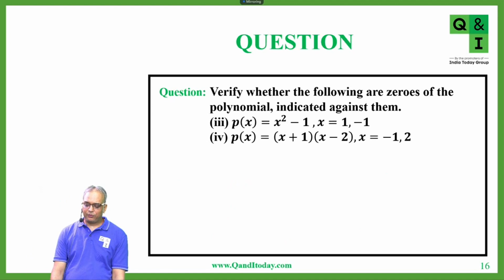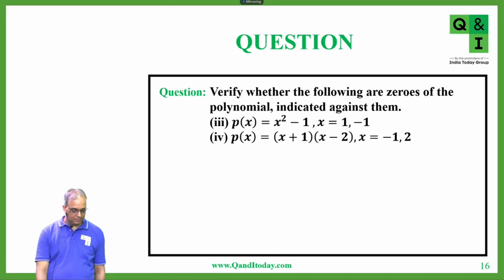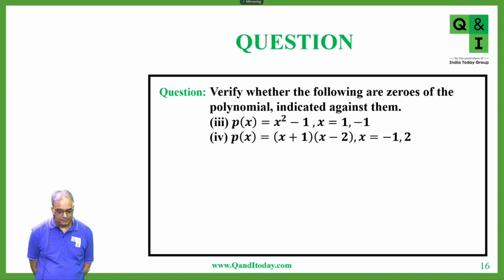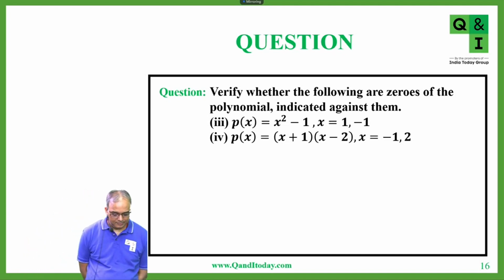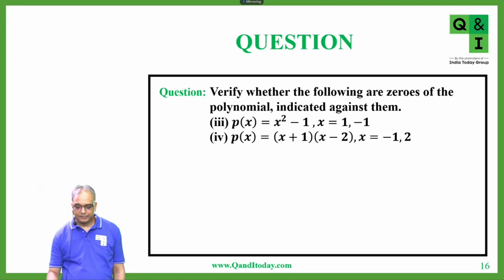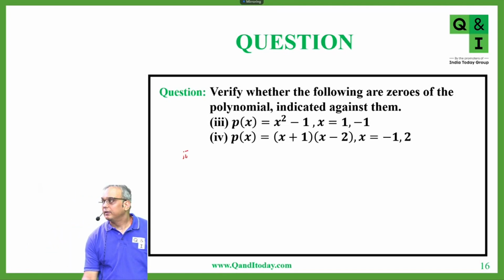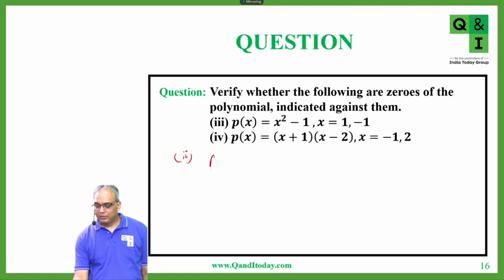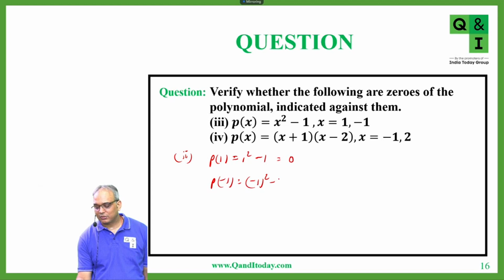Now check it for 1 and minus 1. So P of 1 is 1 square minus 1, which is 0. And P of minus 1 is also minus 1 square minus 1.